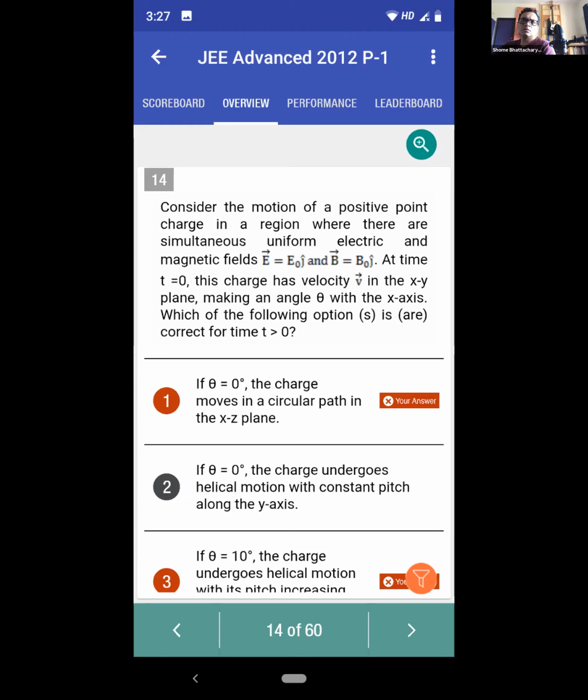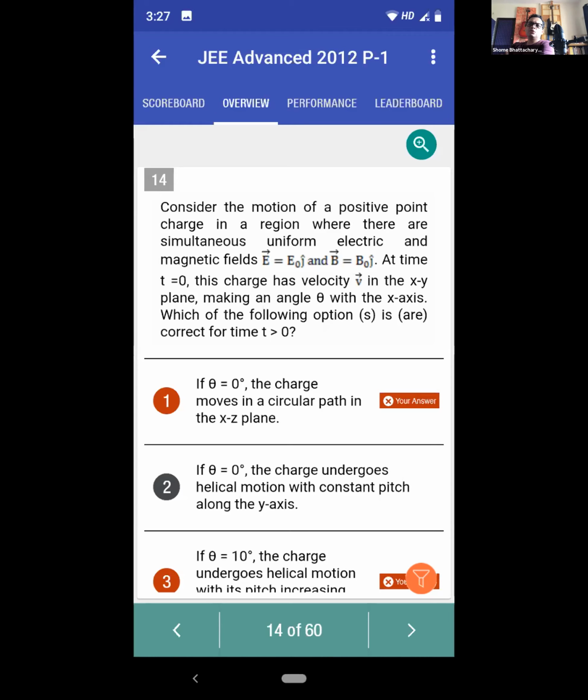There won't be any magnetic force, because if its velocity is only along the y-axis, then the magnetic force will be 0. v cross B will be 0. So if you release the particle from rest, it will just have uniform acceleration along the y-axis, but magnetic force will never act on it because there is no velocity in the xz plane. So it will be a uniformly accelerated 1D motion.